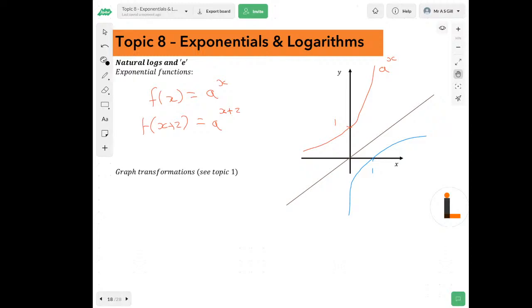That would involve a transformation 2 units to the left. And so the principles behind them are exactly the same as any other graph transformation. So we're going to go on. I'm going to give you a second just to get any notes you want to get copied out there.